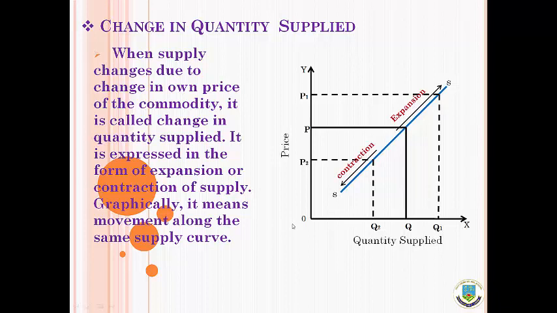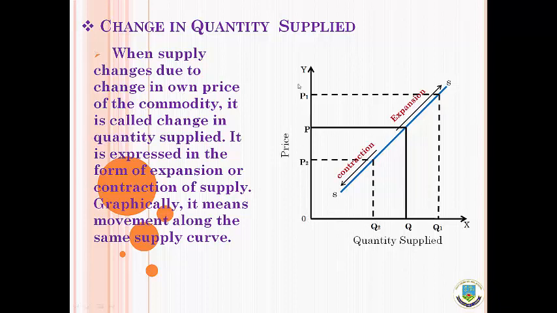So with a rise in price to OP1, quantity supplied increases to OQ1. Now with a fall in price to OP2, quantity supplied also decreases to OQ2. So at OP2 price, quantity supplied is OQ2.